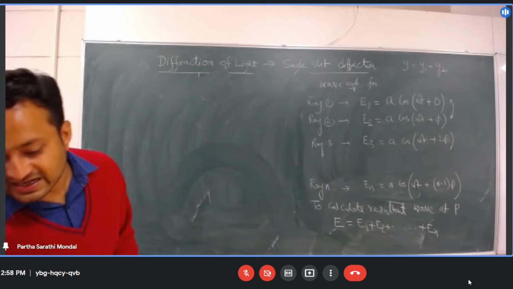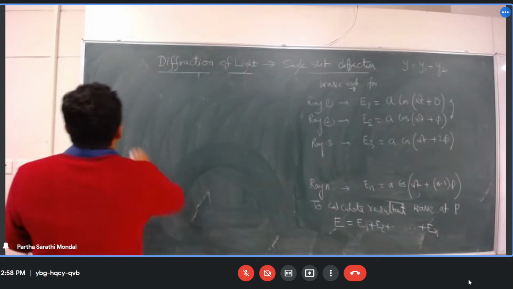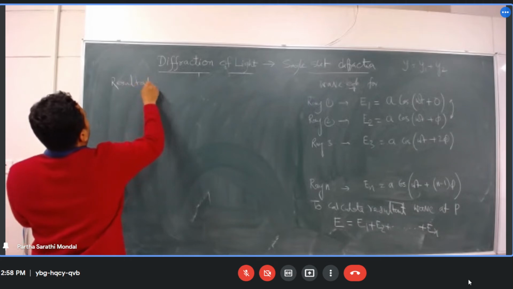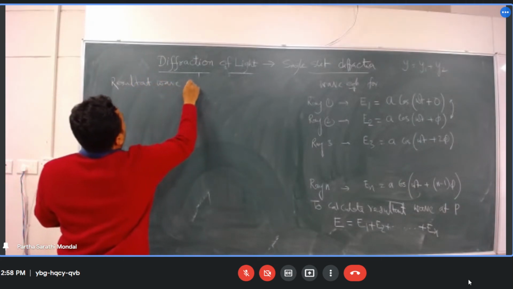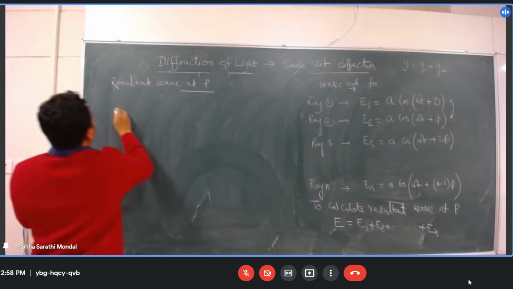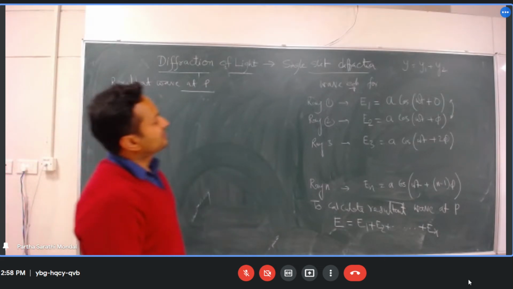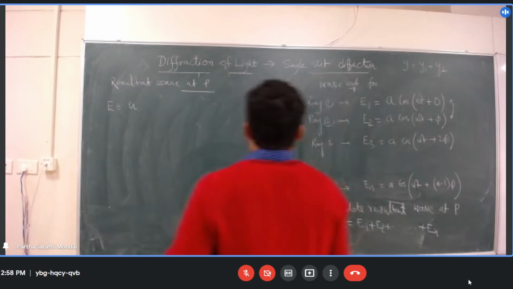So now resultant wave at P, let's say E equals, A common चला जाएगा, है कि नहीं? क्या होगा ये?